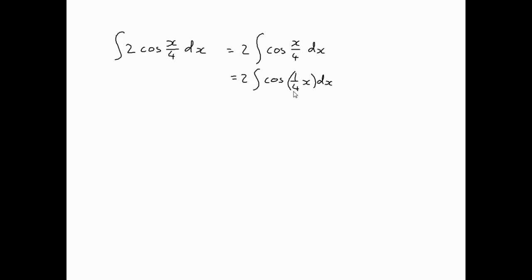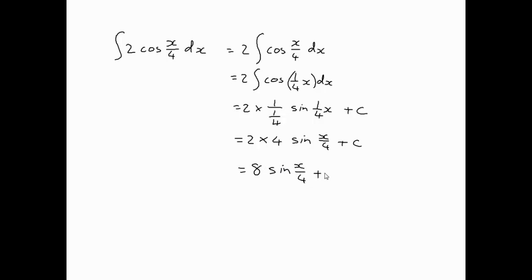So that's going to become 2 outside of 1 over 1/4 sine(1/4 x) plus c. 1 over 1/4 is the same as 4, so invert and multiply. Sine(x on 4) plus c, which gives us 8 sine(x on 4) plus c.